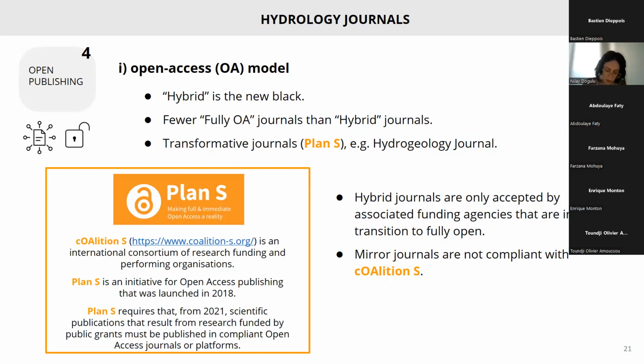And maybe it's a good time to say that there's this Plan S. It's an international initiative fostered by Coalition S, launched in 2018, and we found that only one journal, which was Hydrogeology, was included in this Plan S.